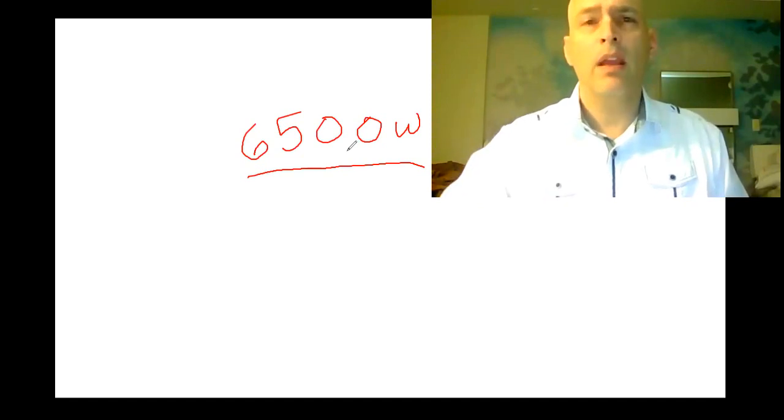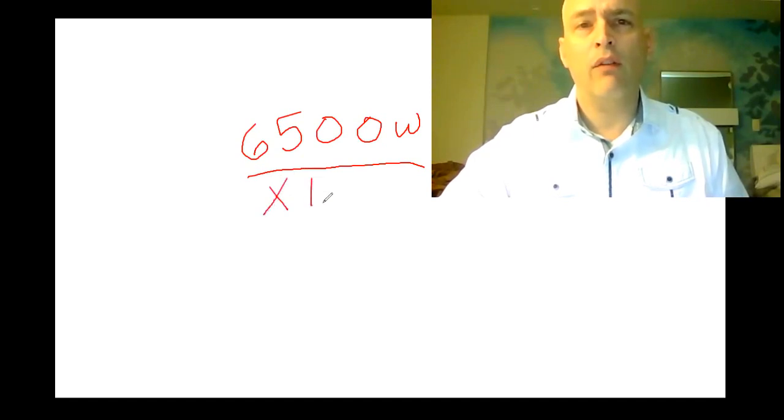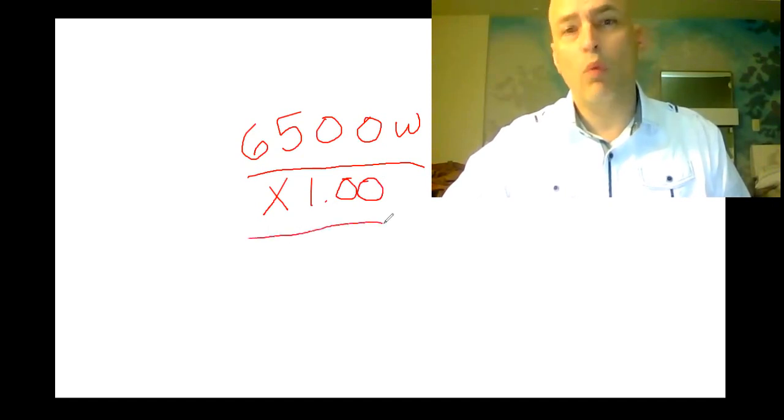And at any rate, so 6,500 watts. If I have one dryer, I'm going to multiply that times a factor of 100%. So to turn that into a multiplier, I would put my decimal 2 places over to the left, and that would be 6,500 times 1, basically.